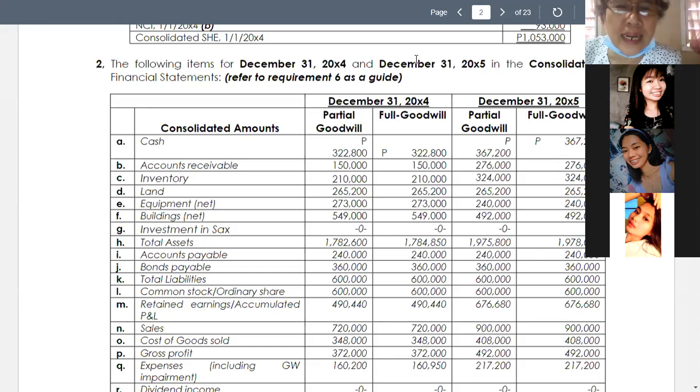However, considering again that we treated discount on bonds payable as a deduction from bonds payable, the discount will be a deduction in the amount of 3,600. Clear? So that will give us the total liabilities of 593,400. Am I correct?